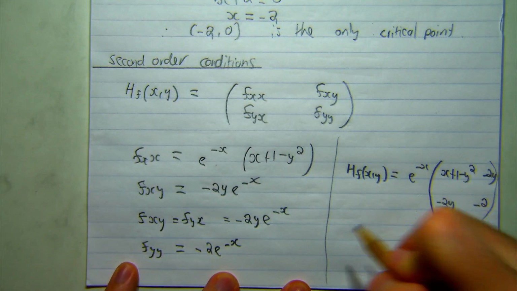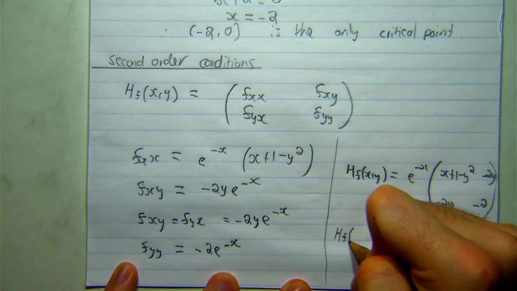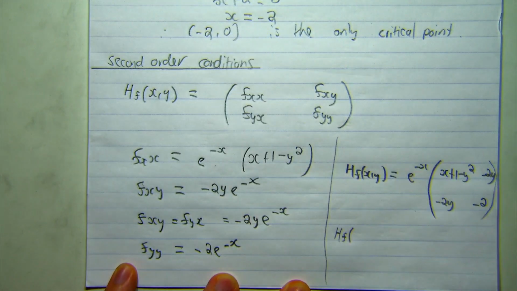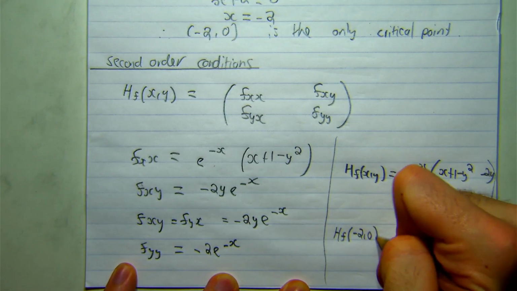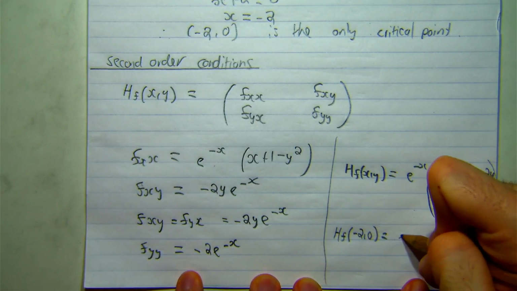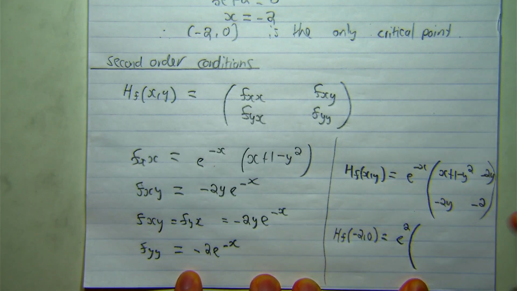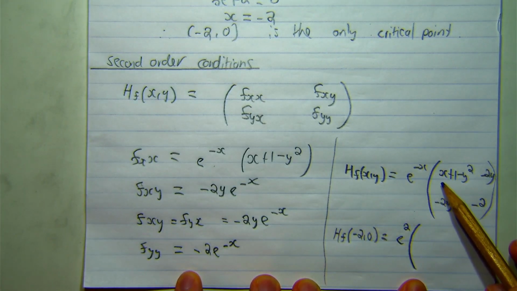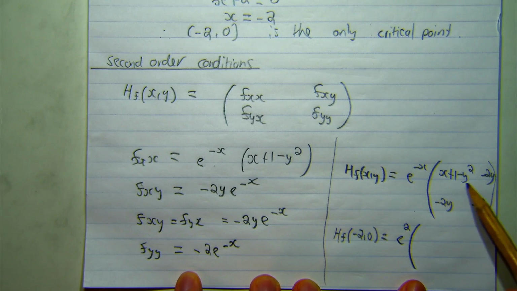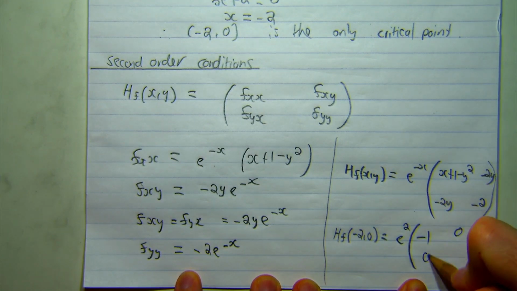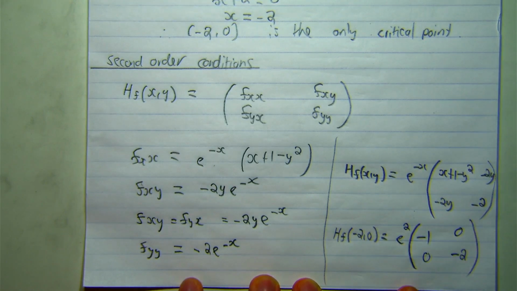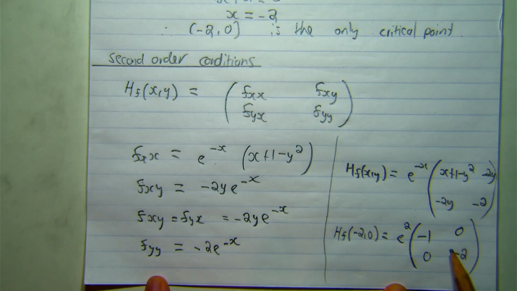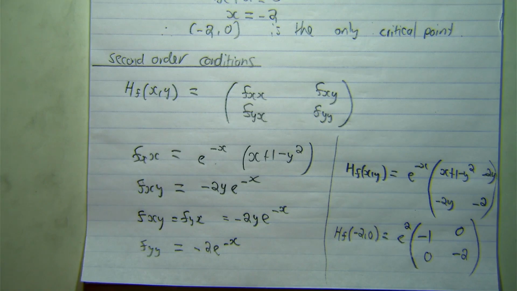And then evaluating this at the critical point, which was (-2, 0), gives us e to the 2, plugging everything in, minus 2 plus 1, and then 0 is minus 1, that's 0, that's minus 2. And that's our Hessian matrix evaluated at the critical point.